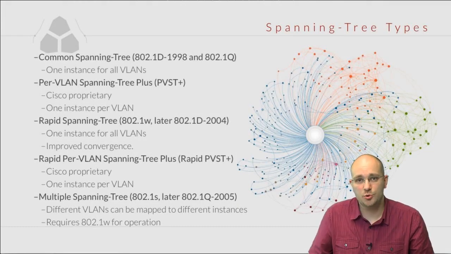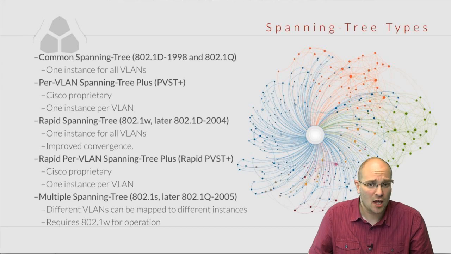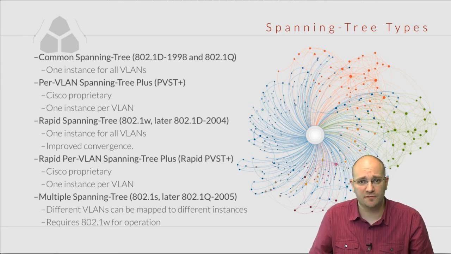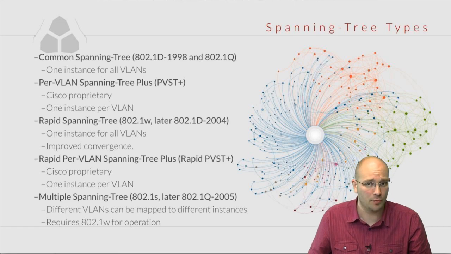For those of us using Cisco switches, there are actually 5 relevant spanning tree types. These are the common spanning tree, or the one that I call the traditional spanning tree. This is the protocol defined in the IEEE 802.1d document, and also sometimes later updated in 802.1q to support multiple VLAN operations.